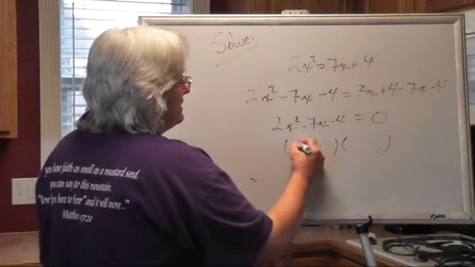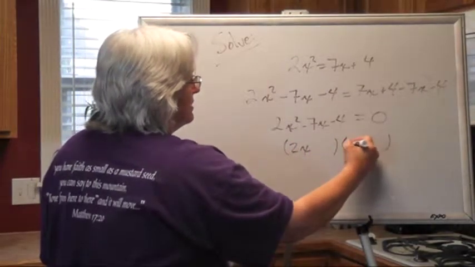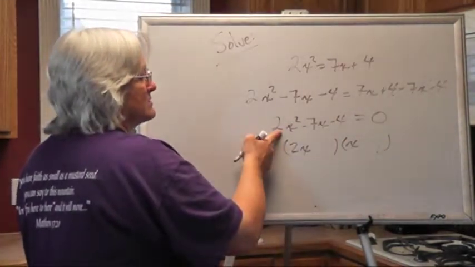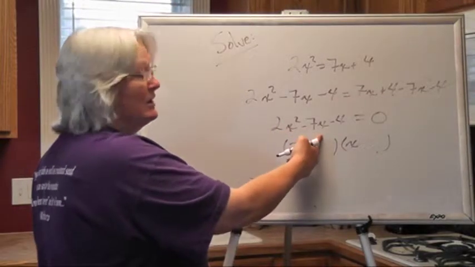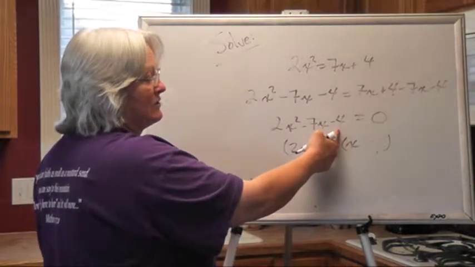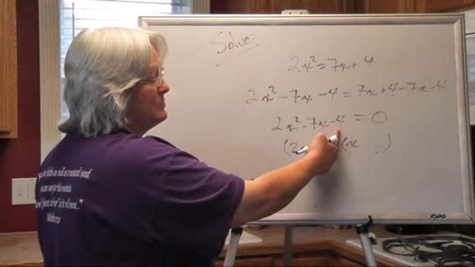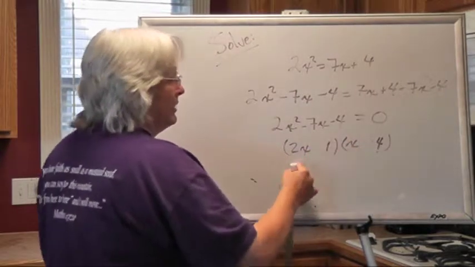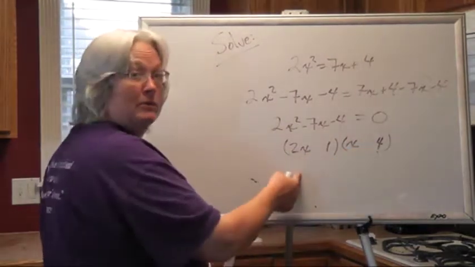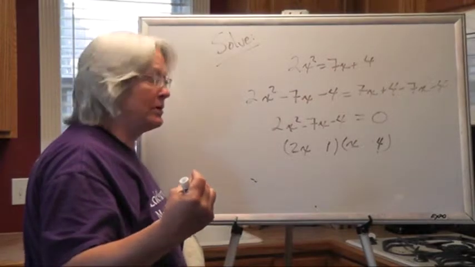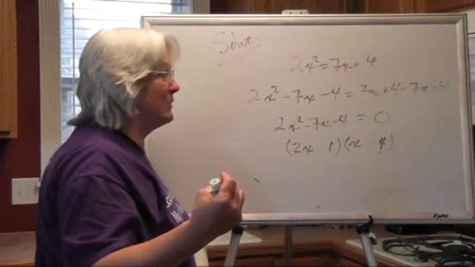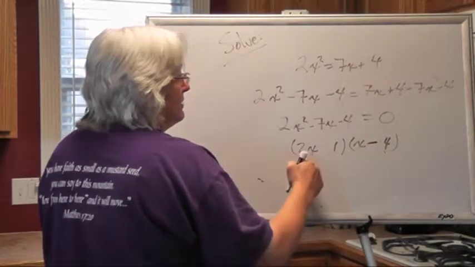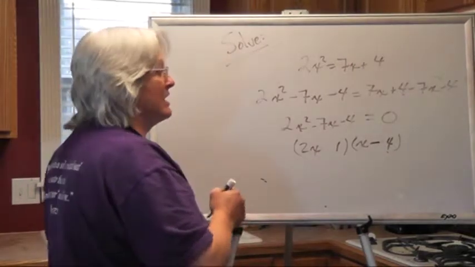So we know one of these first terms is an x and one is a 2x. 2x times x is x squared. The only way that we're going to get a negative 7, we have factors of 4 would be 1 times 4 and 2 times 2. It's going to have to be 4 and 1 because our outside partial product, 2x times negative 4, is negative 8.